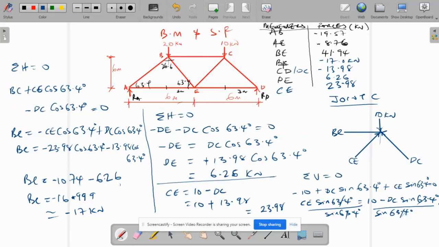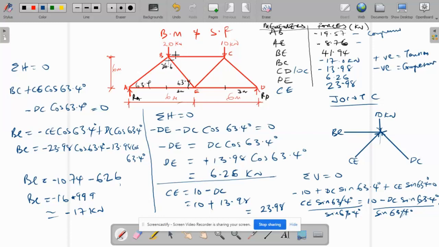The negative ones here are compression. Positive equals tension, and negative equals compression.